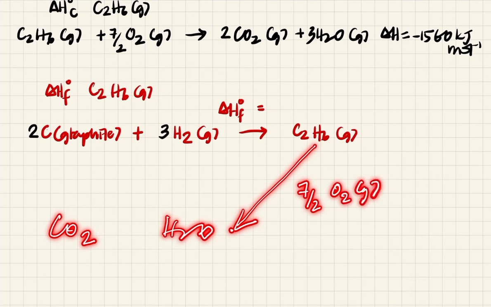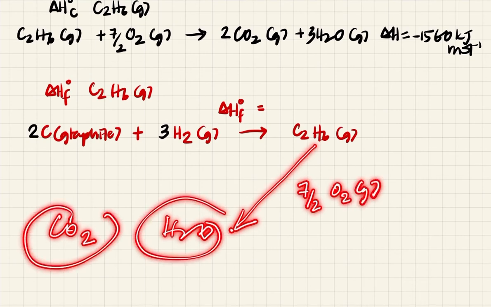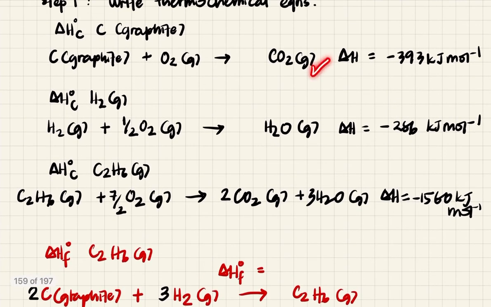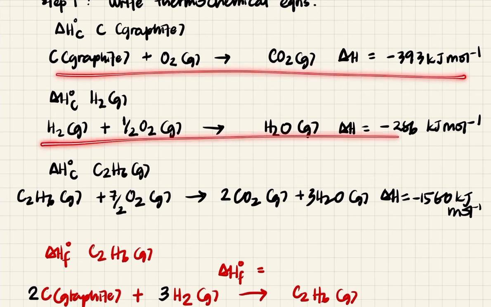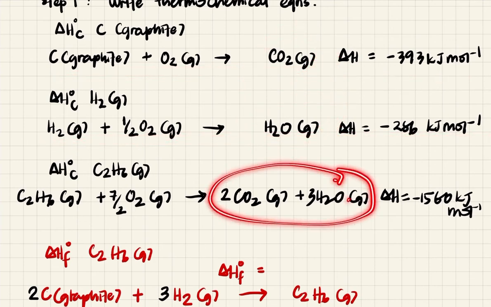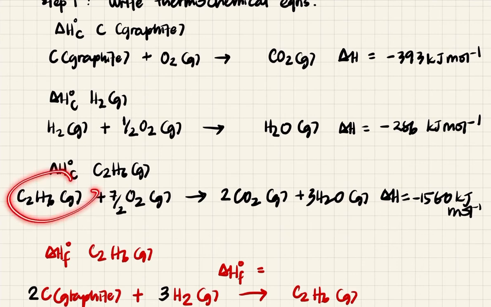So how do we get this? This is actually from our 2 other chemical equations. We have here carbon dioxide and water. So we just use what we have here to form our carbon dioxide and water, and then from carbon dioxide and water, we can get our C2H6 in this energy cycle method.